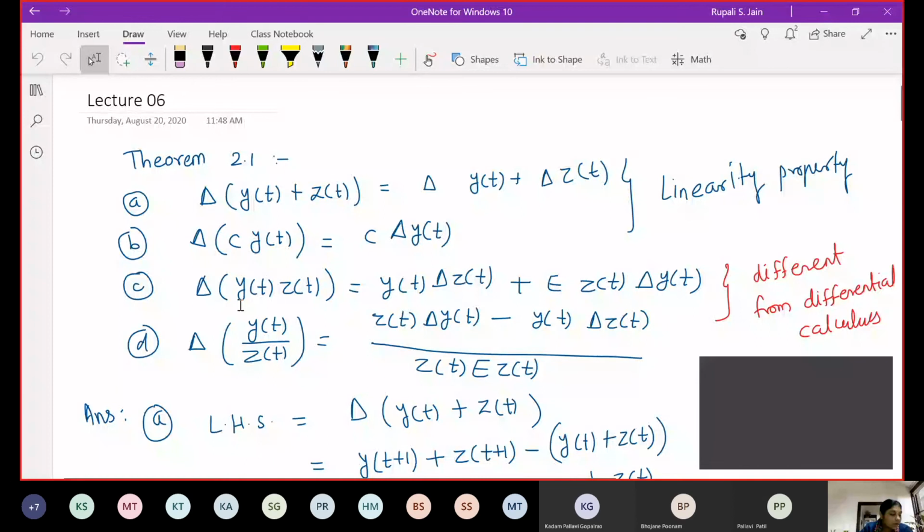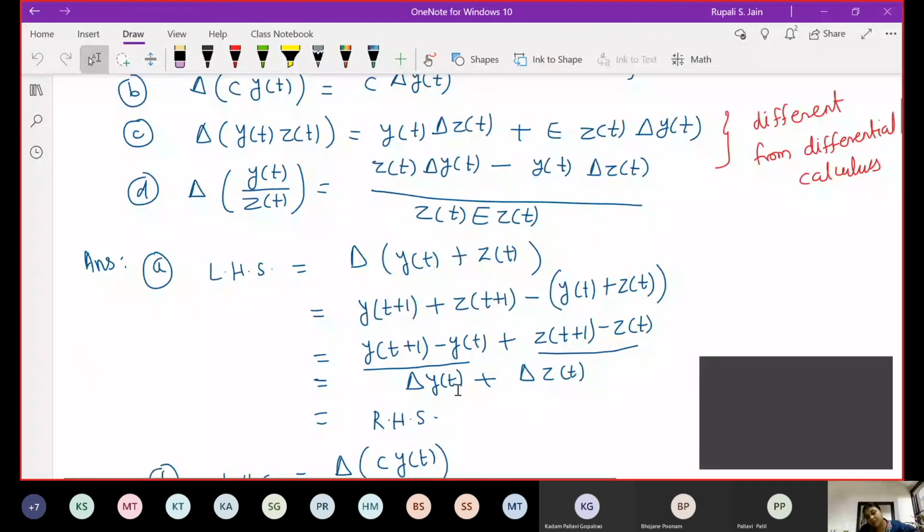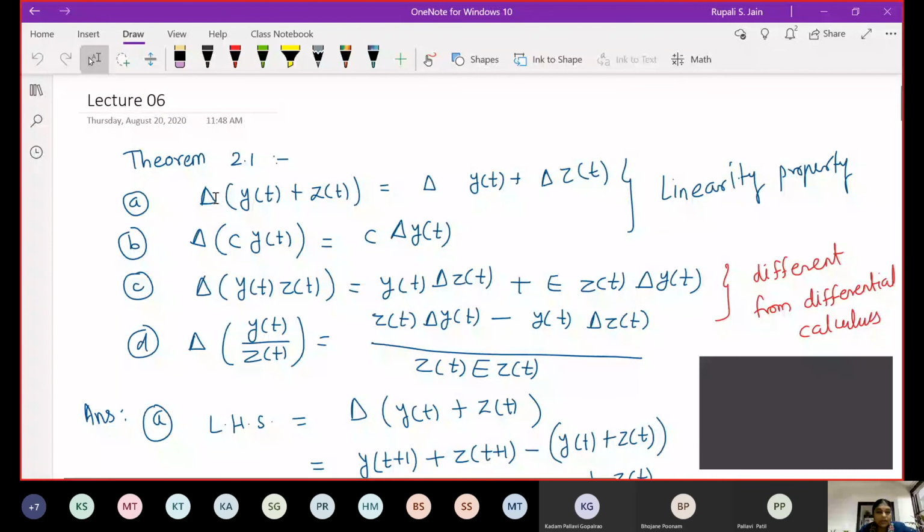How can I say summation of yt plus zt is nothing but summation yt plus summation zt from this? Here we have the formula for difference, but for summation we don't have a formula. We have a relation between delta and summation. Summation is the anti-difference. So what do I have to do?